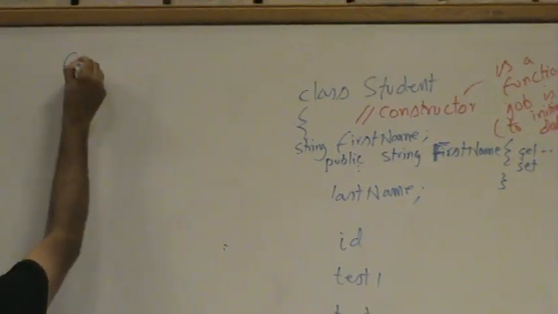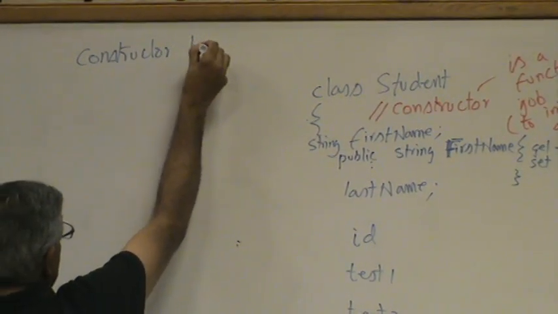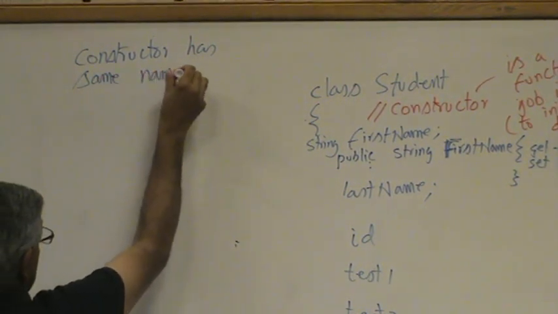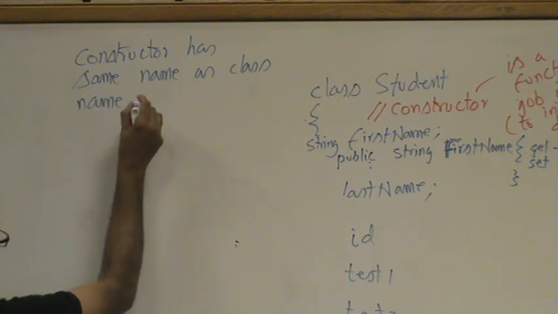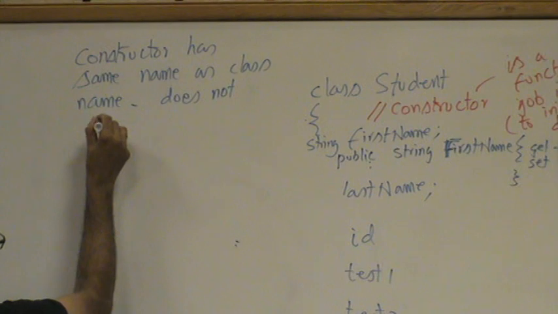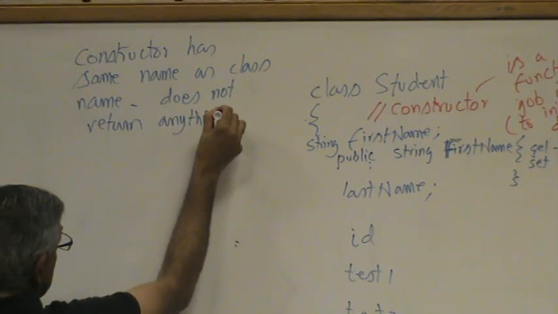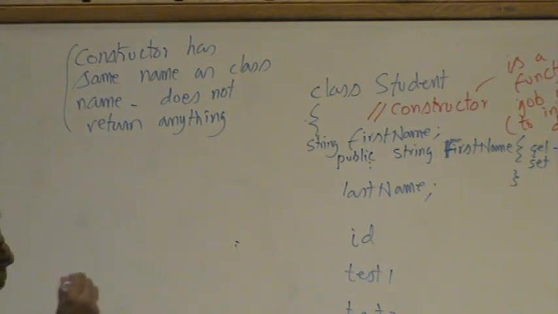Okay, so a constructor, very briefly, has the same name as the class name, and does not return anything. As you can see, this concept is the same as Java, same as C++, so nothing new over here. Okay, with one small difference, which I'll point out in a second.